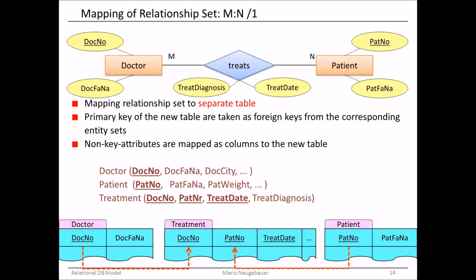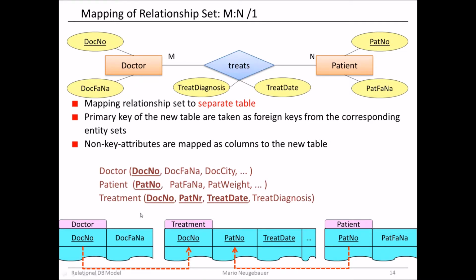Now again, like in the case of 1 to N relationship with attributes, we first transfer the entity set doctor to our doctor table and the patient entity set to our patient table without adding any additional attributes other than the given attributes from the patient, only patient number and patient family name, and only doctor number and doctor family name in the table of the doctors.